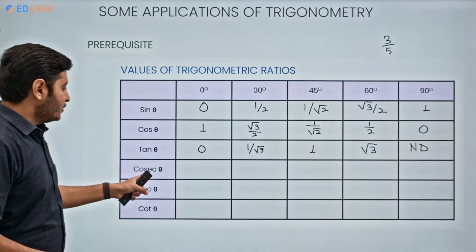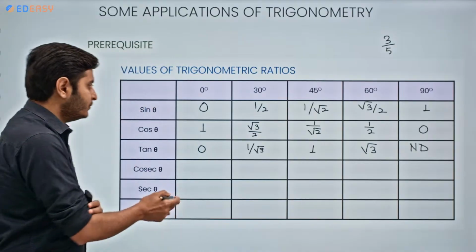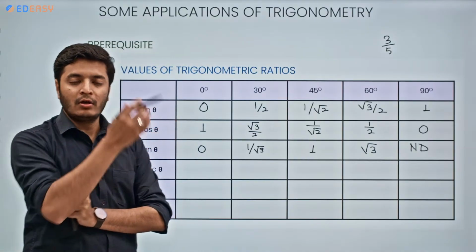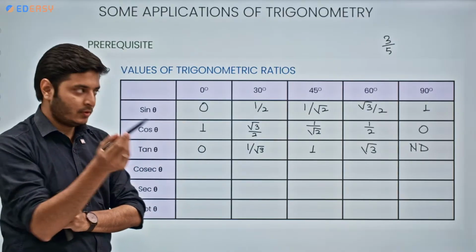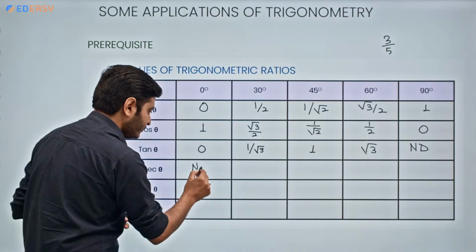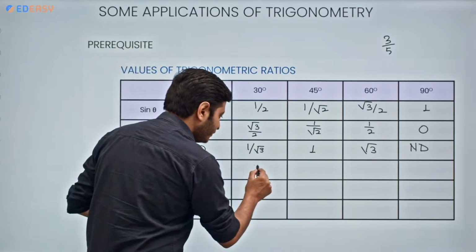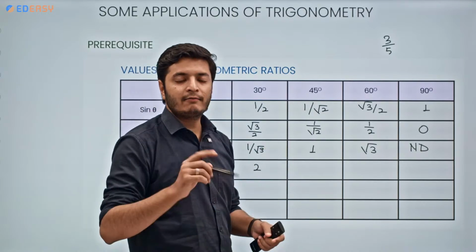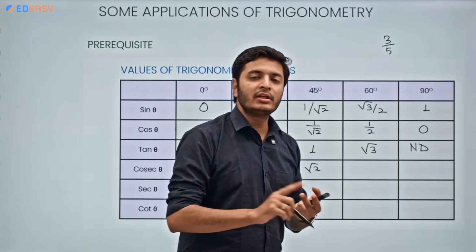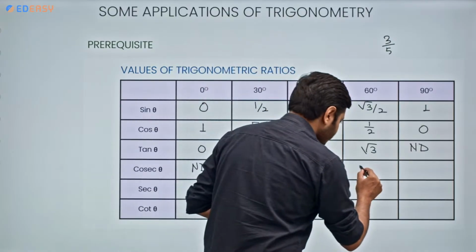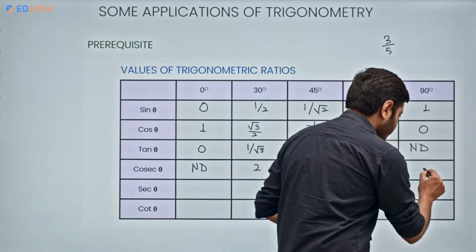Now, cosecant theta is the reciprocal of sine theta. So we are gonna find the value 1 upon sine theta. So again, 1 divided by 0, not defined. Then 1 divided by 1 by 2, it will become 2. 1 divided by 1 by root 2, so root 2. 1 divided by root 3 by 2, so it will become 2 by root 3. 1 divided by 1, 1.